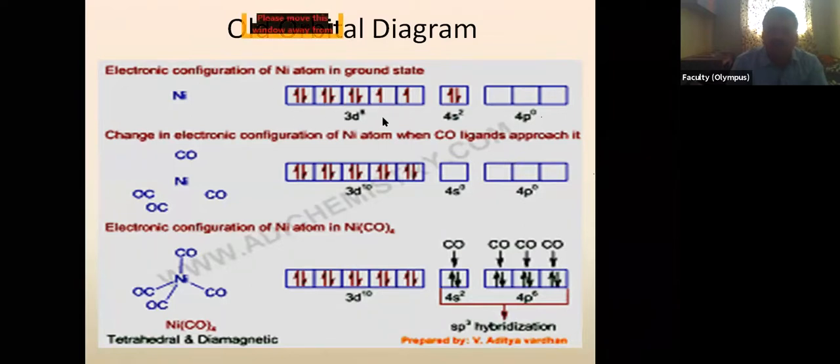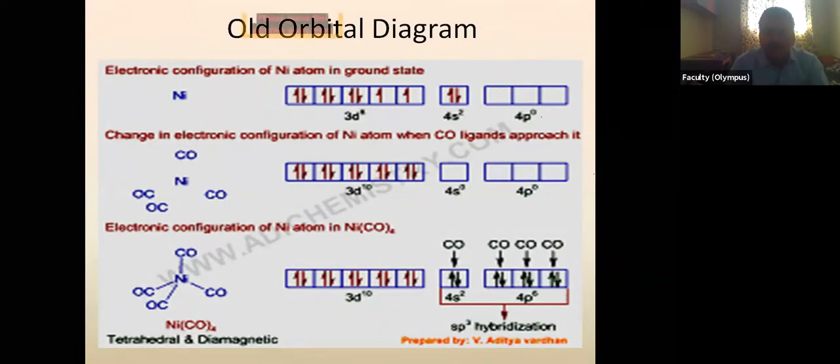The electronic configuration of the nickel atom in ground state is 3d8, 4s2 and 4p0. There are 8 electrons in the 3d orbital and 2 electrons in the 4s orbital, whereas the 4p orbital is empty. It is in the ground state.